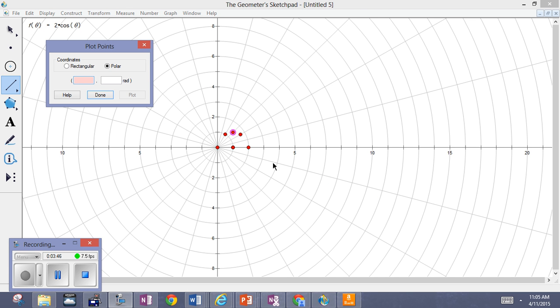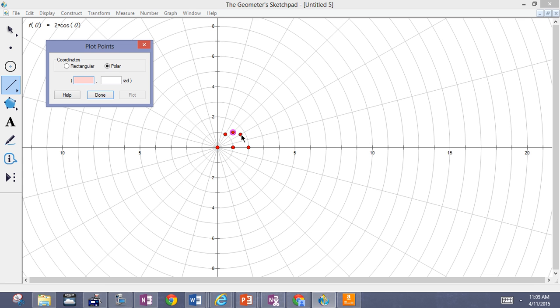Okay, so we're back and we plotted these points. As we were plotting, I got this set to read in radians now. So as we saw, we did 2, 0, plot it right there. This point is at 30 degrees, but we have it in radians now, so it's pi over 6, and that was at √3, which is 1.71.